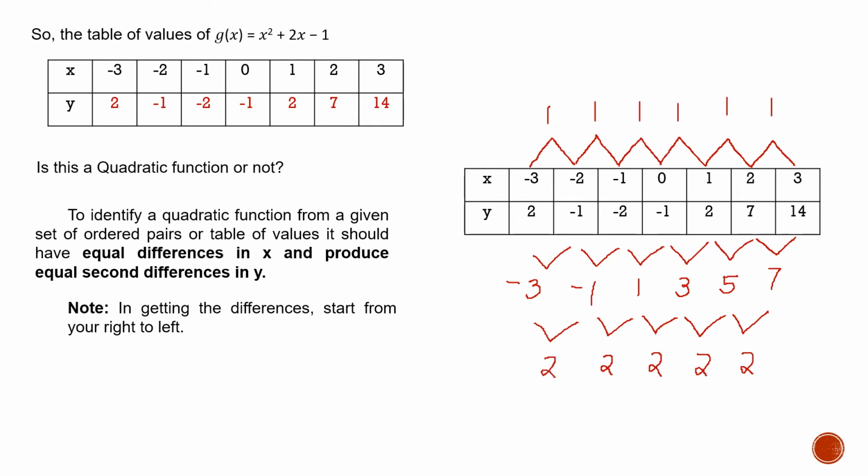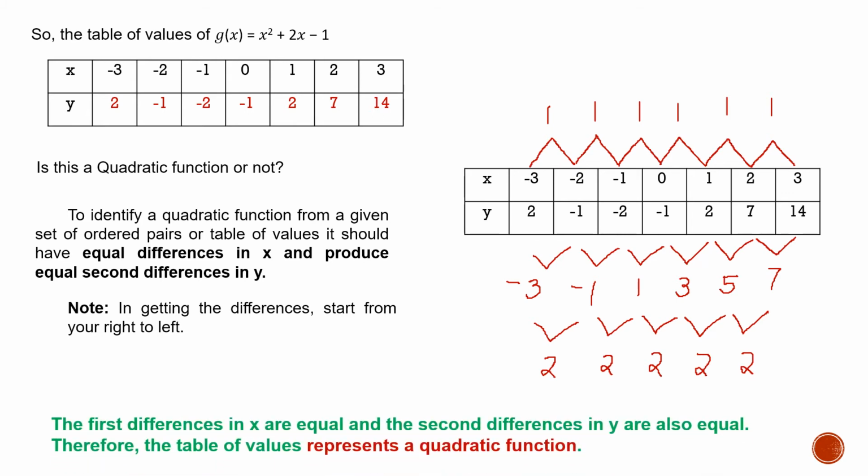So as you can see, it produces equal second differences in y. With that, we can say that the table of values represents a quadratic function, since the differences in x are equal and the second differences in y are also equal.